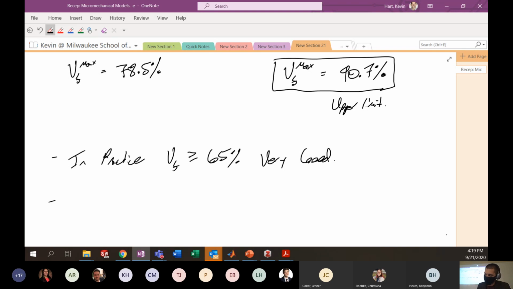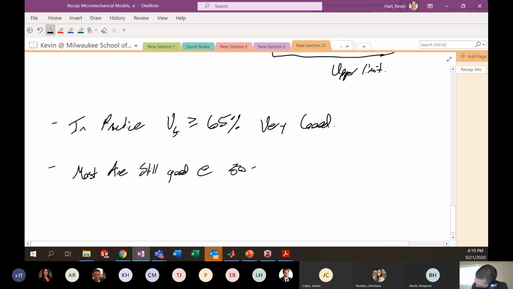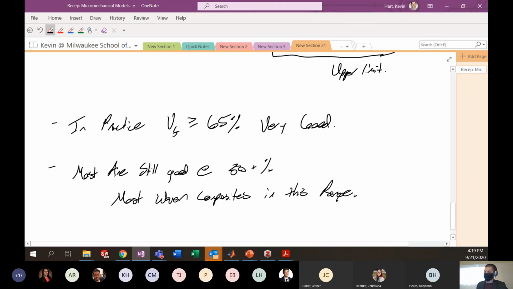Woven composites and others are lower. So remember, when we talk about woven composites, I mean the plain weave fabric and the satin fabrics that I talked about last time when I talked about manufacturing. Most woven composites are still good at 50+%, in this range. 50% is still quite good.